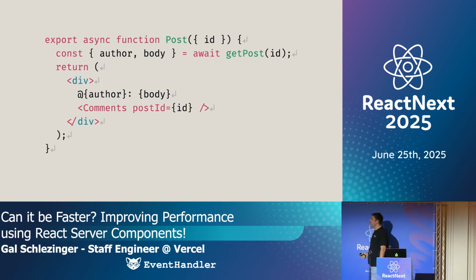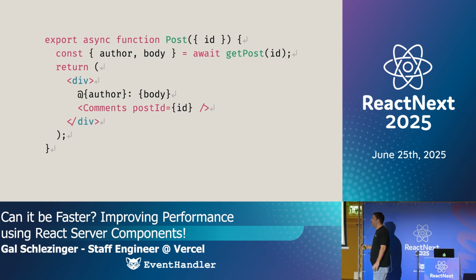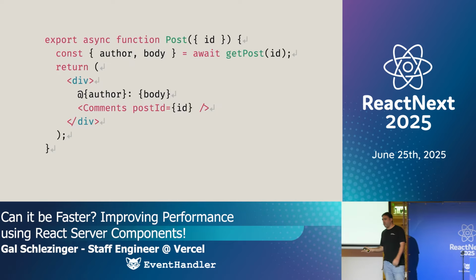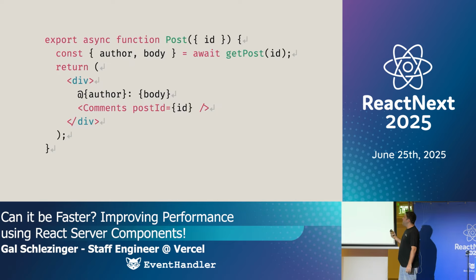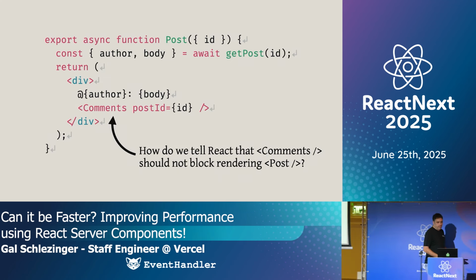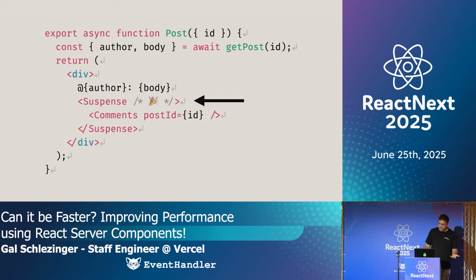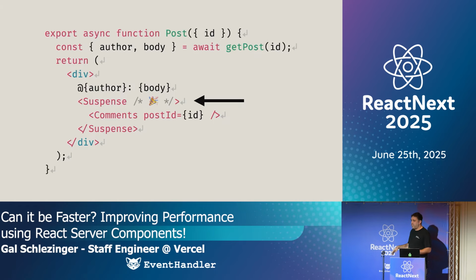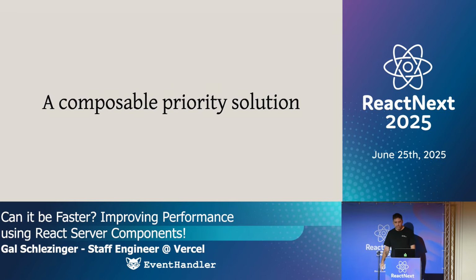But if comments is implemented the same way as post, it means that the comments component cannot be rendered without the comment data. So how can we tell React that comments does not block post? We wrap it in a Suspense. This is the whole idea. We tell React, you can render this, just leave a hole there, and we will get to it later.